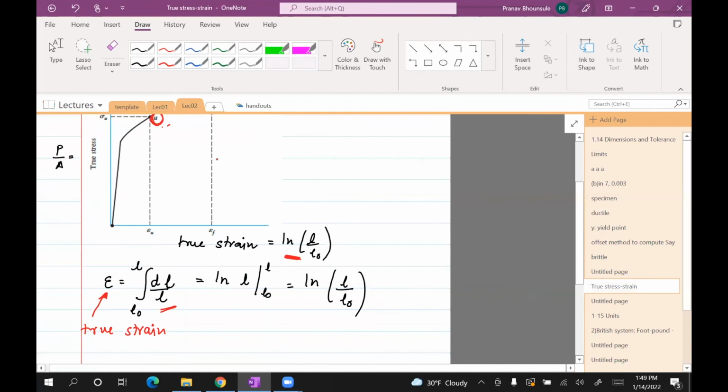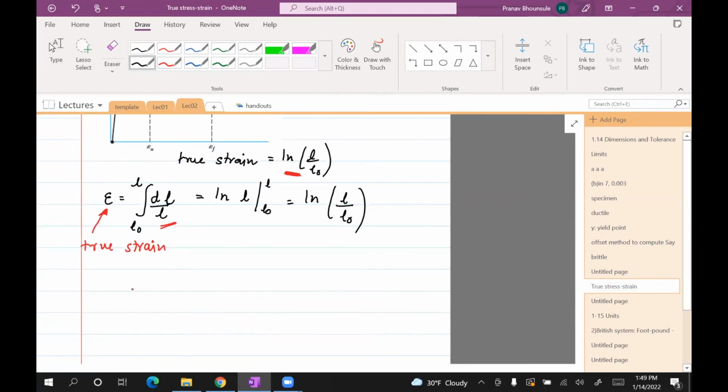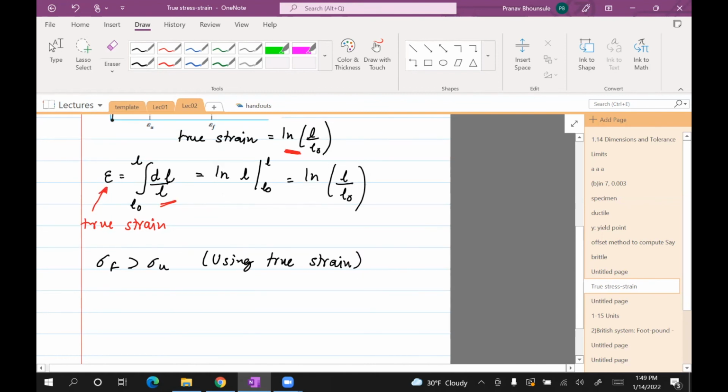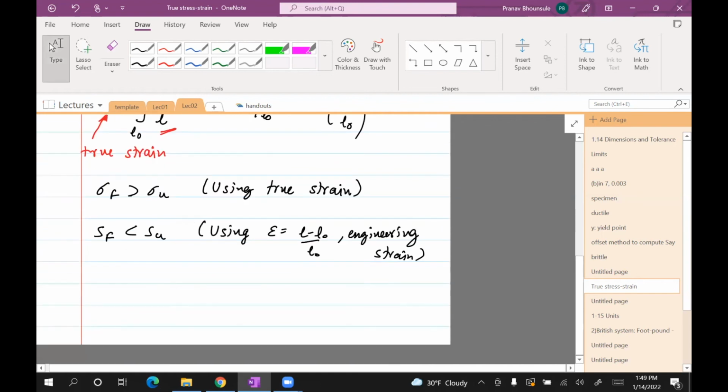When using true strain, sigma F is greater than sigma U. However, if you use the normal strain, L minus L0 divided by L0, also known as the engineering strain, we see that SF is less than SU.